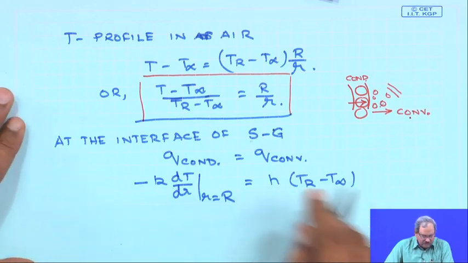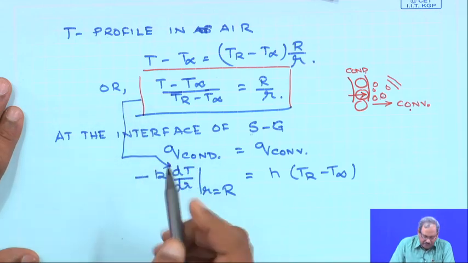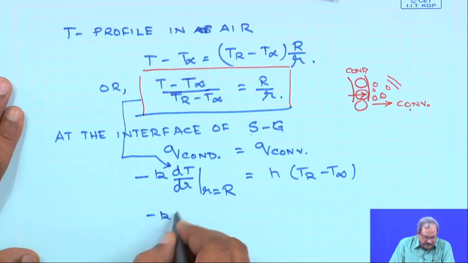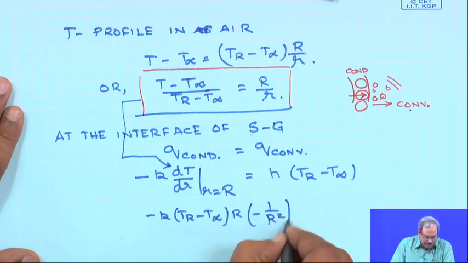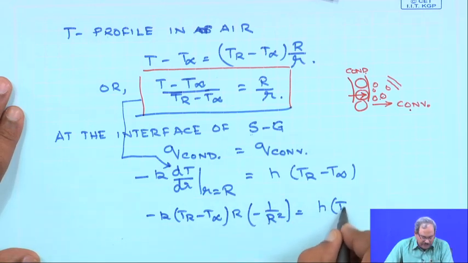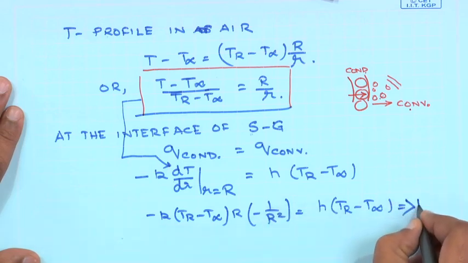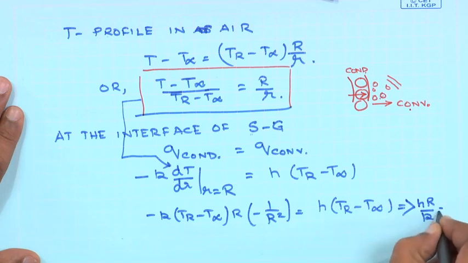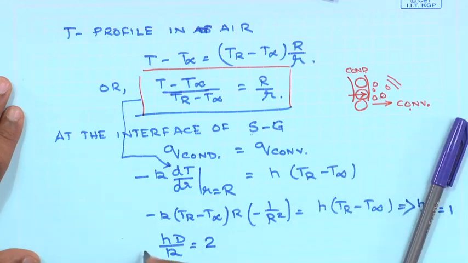This is the heat transfer coefficient, and when you substitute dT/dr from here to this point, what you would get is minus k (T_R minus T infinity) R times minus 1 by R square equals h times (T_R minus T infinity), which would give you h R by k equal to 1, or h D by k is equal to 2, and this h D by k is defined as the Nusselt number.